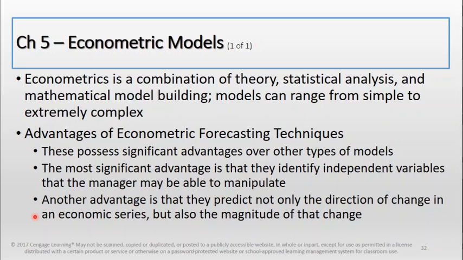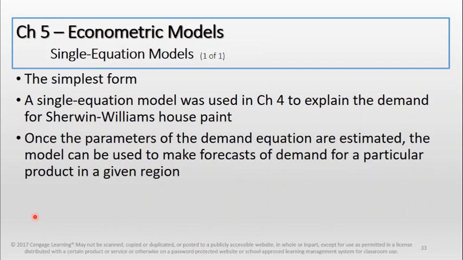Under econometric models, you can have single-equation or multi-equation models. The single-equation model is of course the simplest form of an econometric model, and it was developed, as you can remember, for explaining the demand for Sherwin-Williams house paint in your chapter 4 discussion.